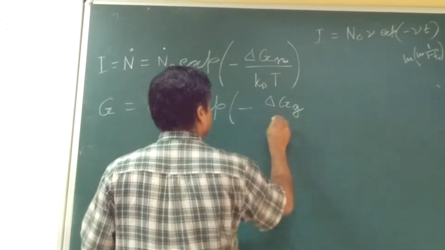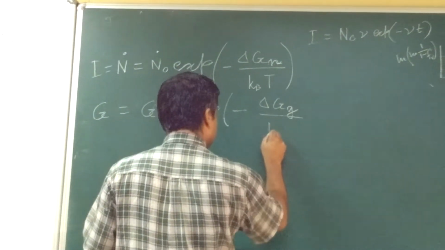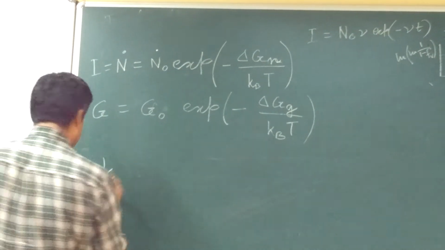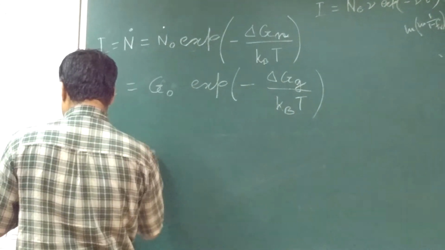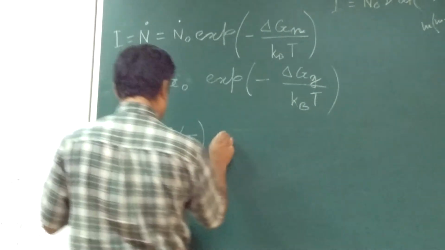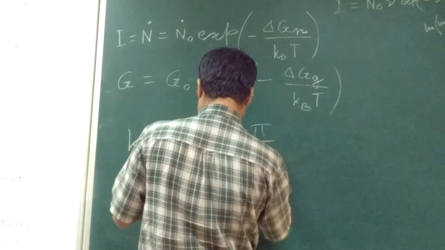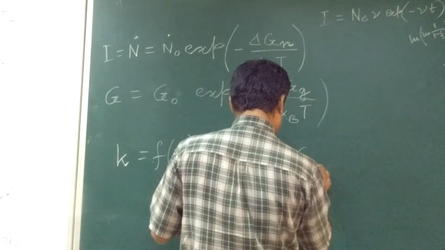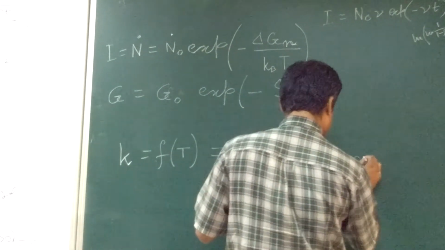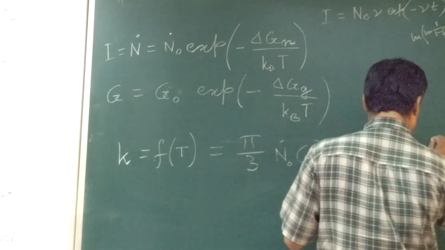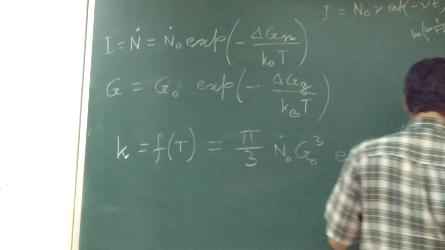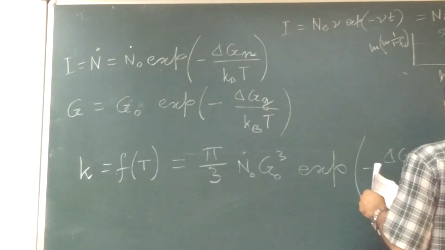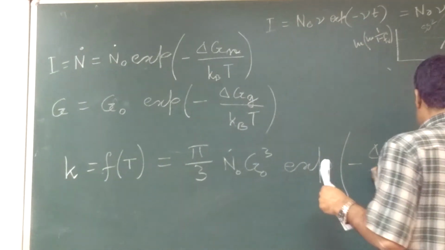N subscript for nucleation, G subscript for growth. Then your k is a function of temperature, that I wrote. Because of growth cube, so 3 delta G of G over kT.